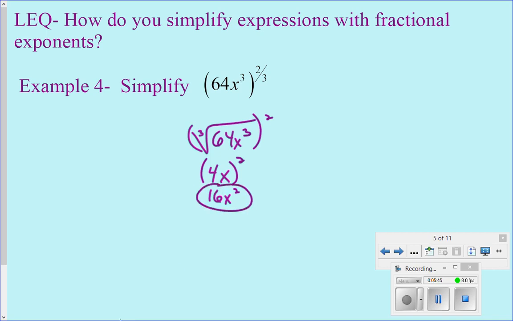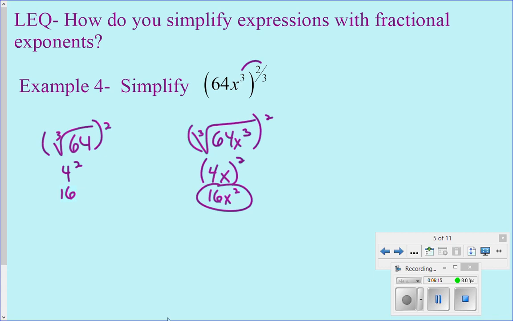Now, I just want to also point out that while we have to do the radical form for the number itself, so I have to do the 64, the cube root of that, and square it to get that piece, to know that it's 4 squared, which is 16, I don't necessarily have to do the variable part that way. What you can do if you want to, because we have something to a power, we know the other rule that says that we can multiply those powers.